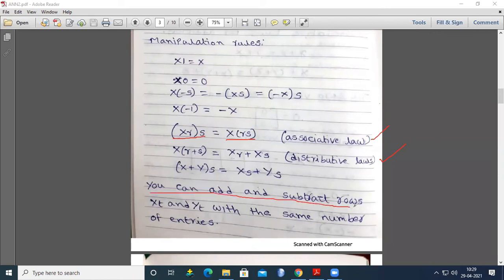You can add and subtract rows xt and yt with the same number of entries. When we are going to add or subtract these xt and yt, which are two vectors, the condition is that these two vectors must have the same number of entries.